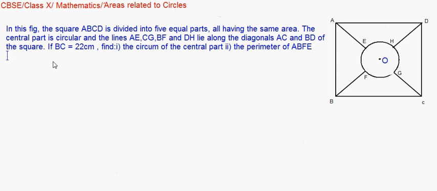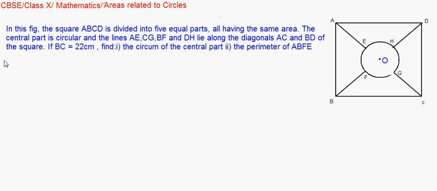That means we have to find the circular part, as well as AE, or ABFE, which includes this part of the circle, the diagonal and the side of the square. Okay, let us start solving it.